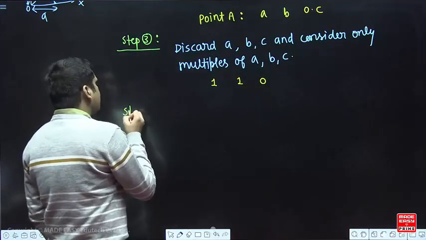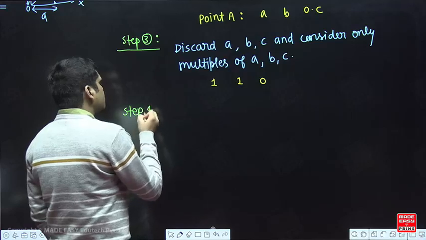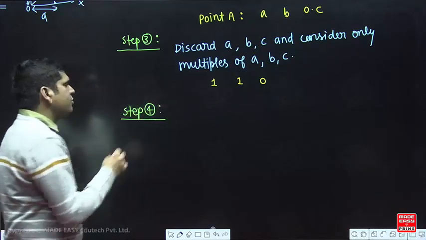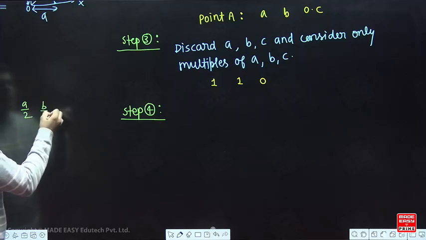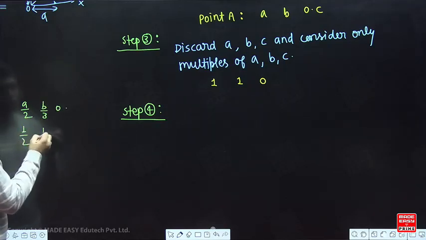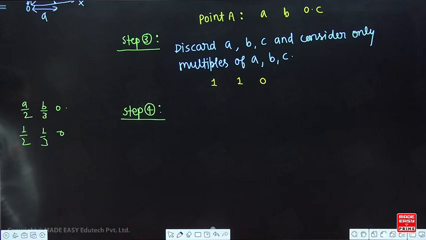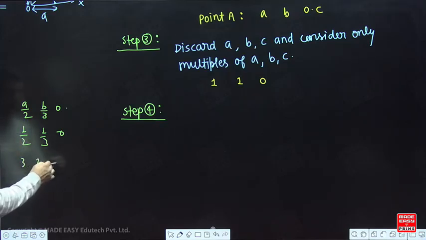Now step 4. These are already integers, but suppose you have been given any point and they are not integers. Suppose you have been given a by 2, b by 3 and 0. So it is 1 by 2, 1 by 3 and 0. If it is in fraction, convert it into the smallest integers. How can you convert? Multiply it by 6, that is the LCM of 2 and 3. So it will become 3, 2, 0.